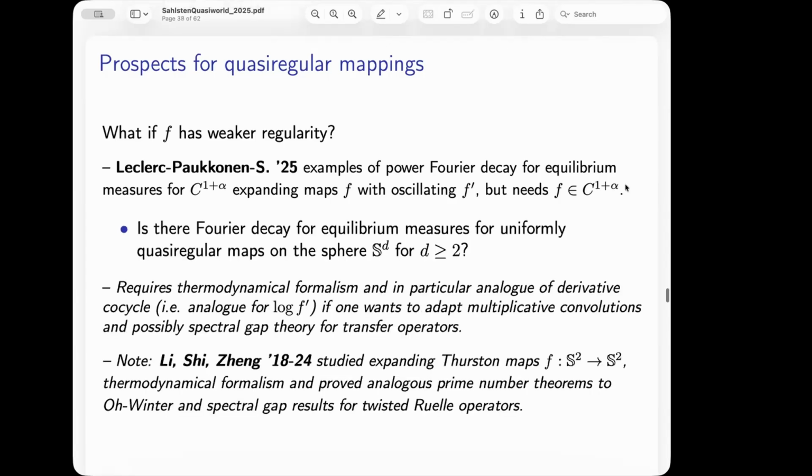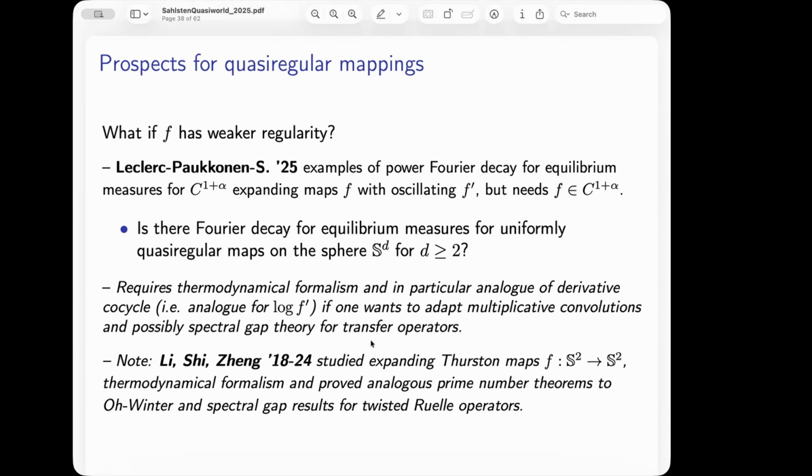If you want to generalize this to uniformly quasi-regular maps on the D sphere, maybe a high-dimensional analog of rational maps, you would need some kind of derivative cocycle, an analog of the log of the derivative, maybe using the local Lipschitz constant at some point, and then try to prove that it almost has a product structure. It doesn't have to be exact, because the errors can sometimes be absorbed into the proof. So maybe you can approximately use a chain rule in the same way.